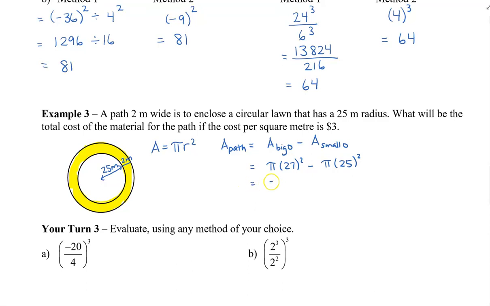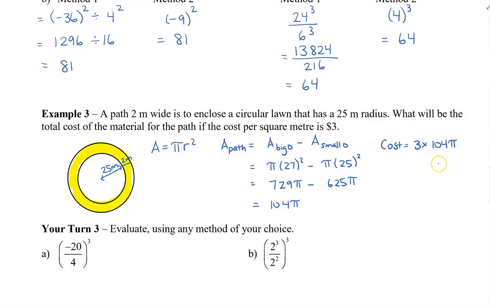So here we have 729 pi minus 625 pi, and when we subtract that, we get 104 pi. And then to find the cost, we take our $3 for the square meters, and we're going to times that by our area of 104 pi.